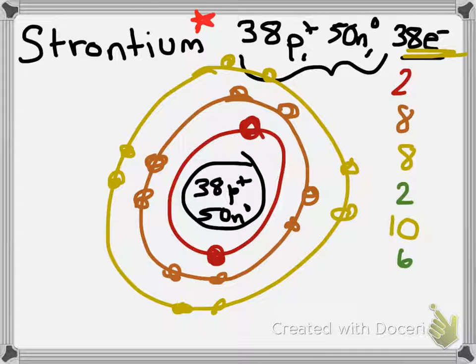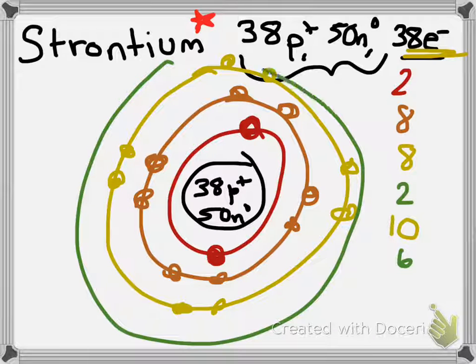We still need 20 more electrons. So we go to the fourth shell, and on the fourth shell we put 2, and I'll get into the reasons a little bit later in class. We put 2, and then on the third shell we put 10 more.